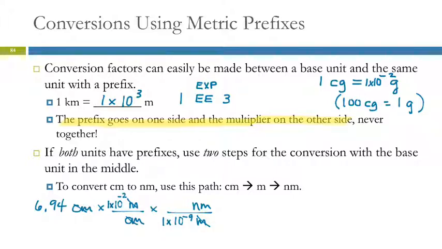That EE button stands for times 10 to the. On my calculator, when I press the EE button, it only shows me 1 E. That's fine, that's its own little shorthand. So I press the EE for times 10 to the, and then I put negative 2. And then I'm going to divide by 1 EE negative 9, equals. And I get this big old number.